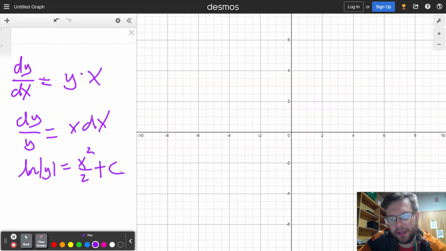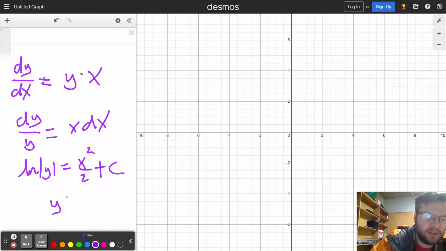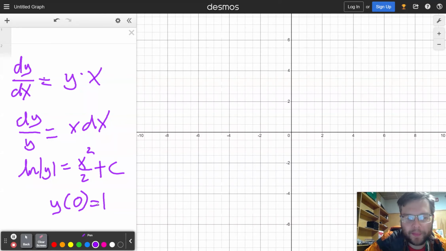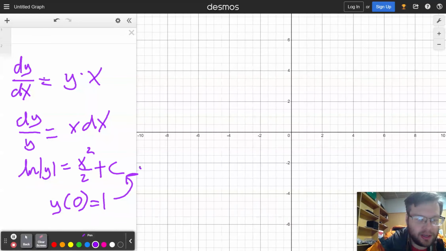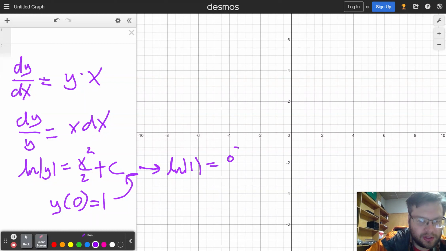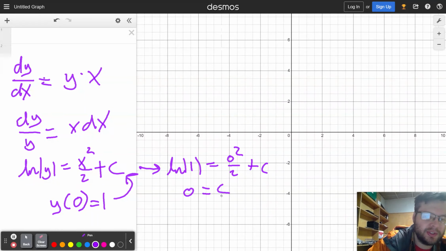Now, let's say that there is a nice initial condition like y of 0 equals 1. If y of 0 equals 1, and I substitute that in right there, then I get natural log of 1 equals 0 squared over 2 plus c. In other words, c is equal to 0.